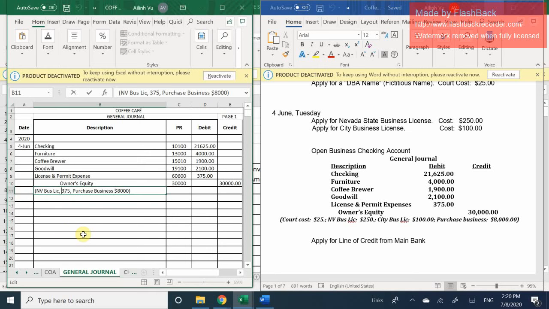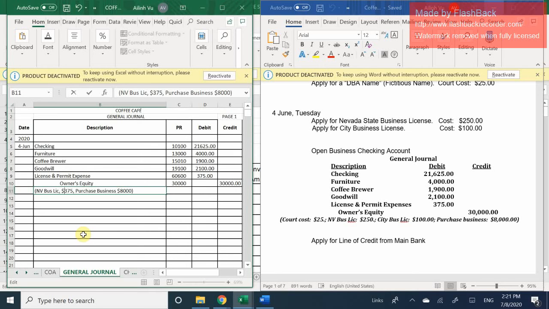Why do you need the amounts in there if you have them above? So this one I broke down the business license just so you can see what's going on, like a full description of exactly what you bought. I'm going to do it because I also have to know that I obtained my business license, which cost me $375, and I've also obtained the business itself for $8,000.